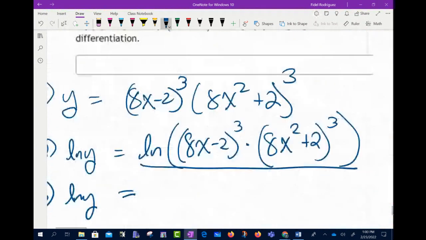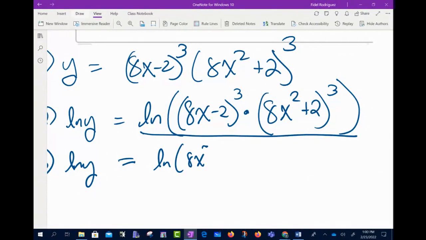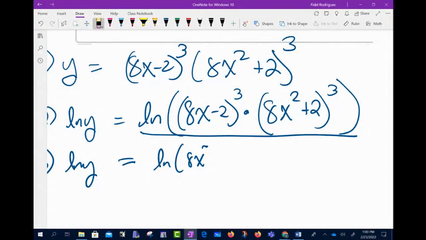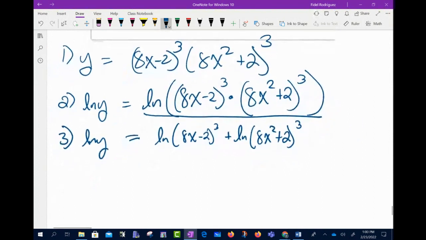I come back to my problem. Here's the logarithm of a product, so I'm going to write it as the sum. So the log of (8x minus 2) to the third plus the log of (8x squared plus 2) to the third.